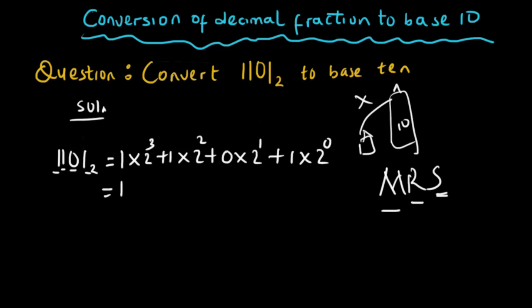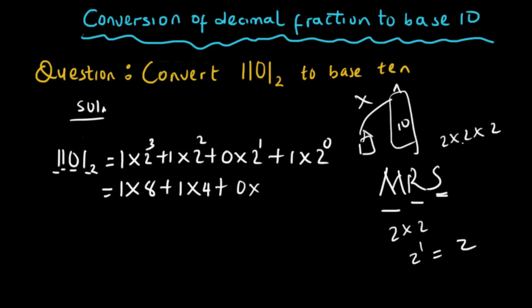So this becomes 1 times 2 raised to power 3, which is 2 times 2 times 2. 2 times 2 is 4. 4 times 2 is 8. Plus 1 times 2 raised to power 2, which is 2 times 2, which is 4. Plus 0 times 2 raised to power 1, which is 2. Plus 1 times anything raised to power 0 is 1. So 2 raised to power 0 is 1. Do you understand? 1 times 8 is 8.